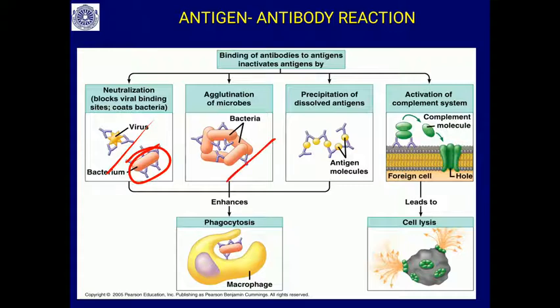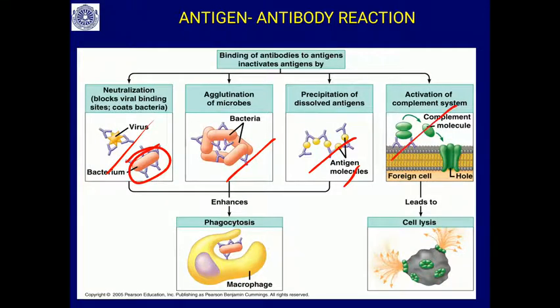Or else by agglutinating, several bacteria get agglutinated because of the binding of different antibodies, so that they get noticed by the circulating macrophages or neutrophils, and they get digested. Precipitating the soluble antigens, so that when they bind they precipitate these antigenic molecules.